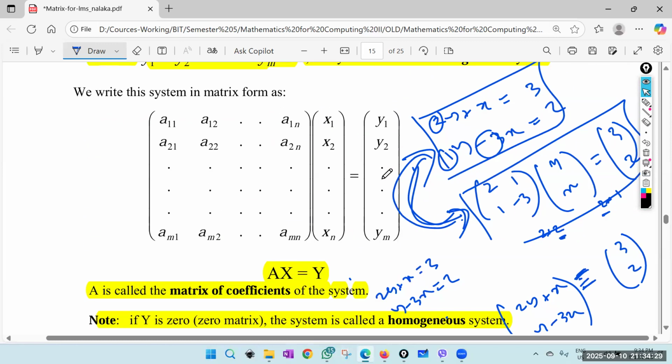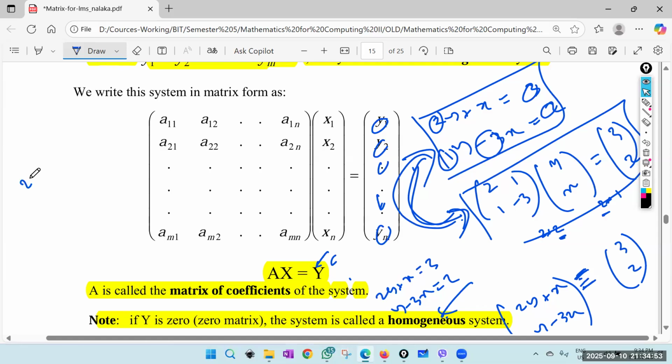And if Y is zero, it means all are zeros. So that means you don't have constant terms. If you don't have a constant term in any of the linear equations, that means you have these x, y terms, but no constant. So then we say it's a homogeneous system. It's a special case.